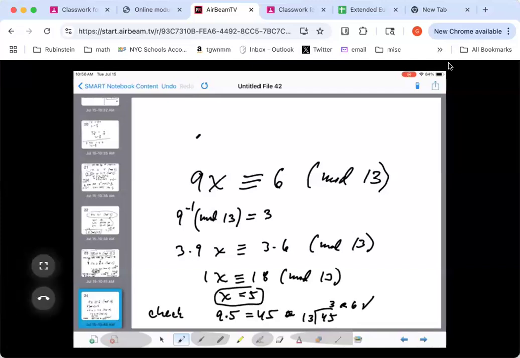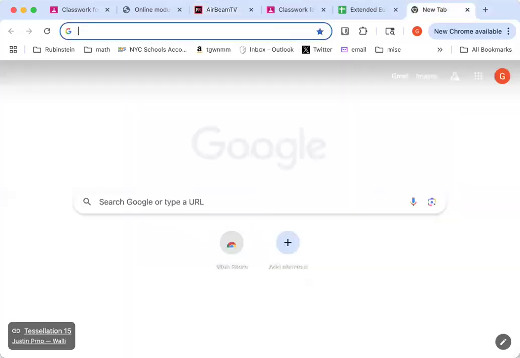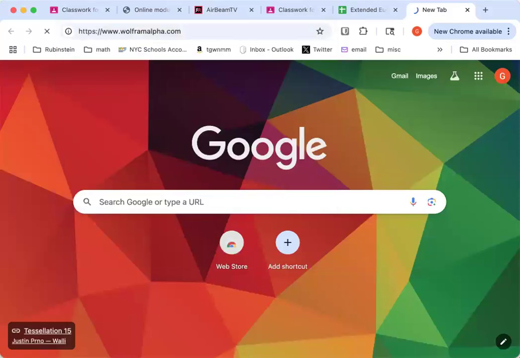Okay, hey everybody. So the rooms I went into, I only got into 2 of the rooms, but that looked very good from what I saw. The key number was the number 3. There's another place to look for mod inverses in Wolfram Alpha, which is like the king of graphing calculators.